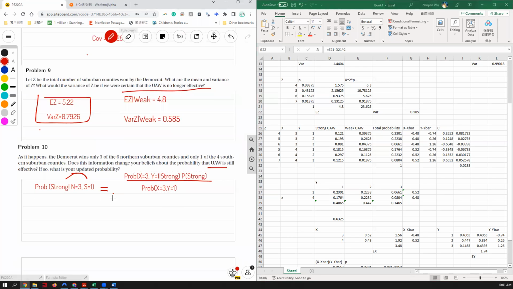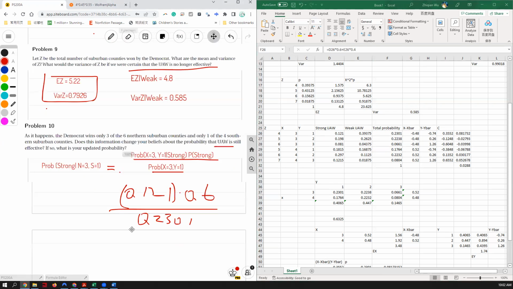And therefore, we have all these. The probability of 3-1 in the strong, let's look at the table here. 3-1 in the strong is that, so it's just 0.121. And the probability of the strong world, we know that to be 0.6. And then the total probability of the 3-1 world, which is here, 0.2301.